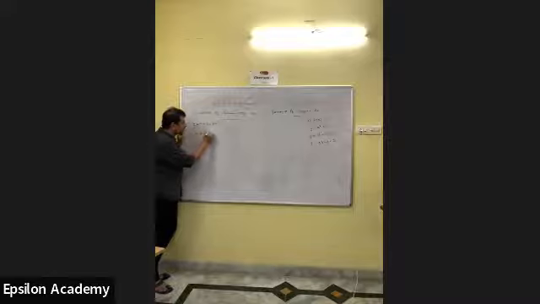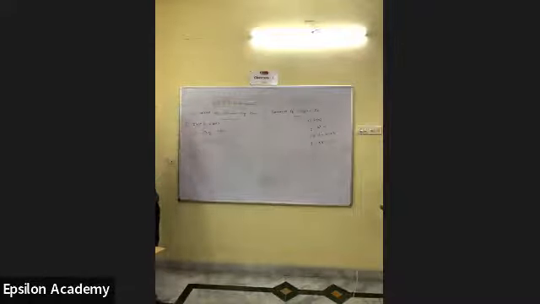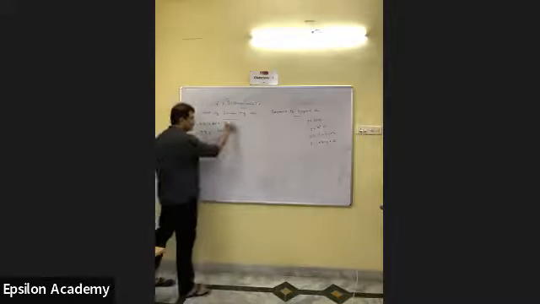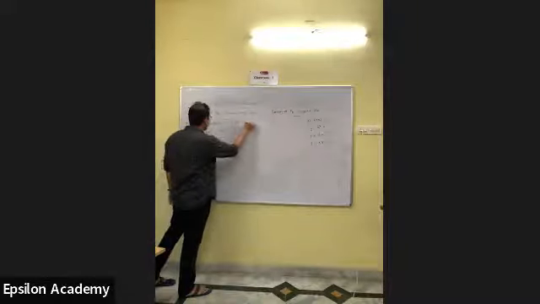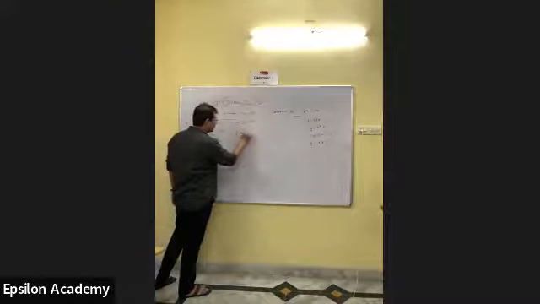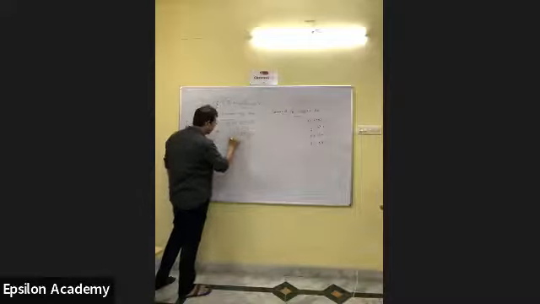2 plus 3y dash is equal to cos x. Now y dash is how much? Cos x minus 2 divided by 3. See, logically, if I rewrite this function as y is equal to (sin x minus 2x) divided by 3, then y dash would have been (cos x minus 2) divided by 3. Correct? They both are the same.